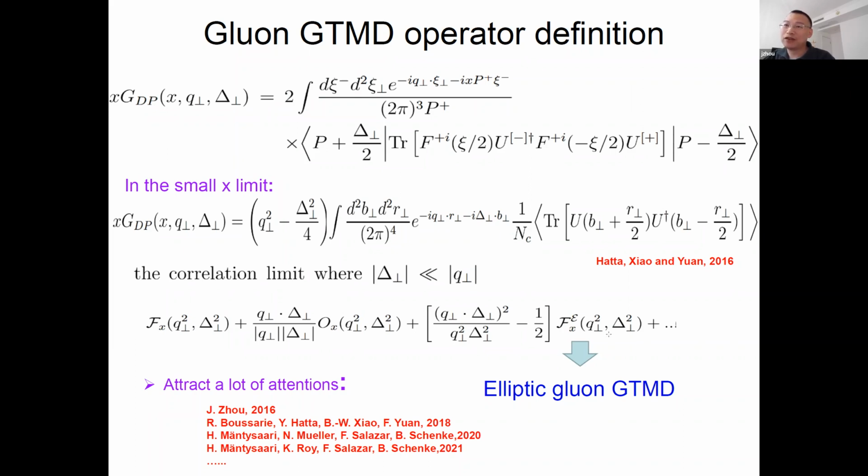So it effectively carries the 2 units of angular momentum here. In recent years, it has attracted a lot of attention. And normally, people propose to measure this through the diffractive dijet production in UPC or in DIS.